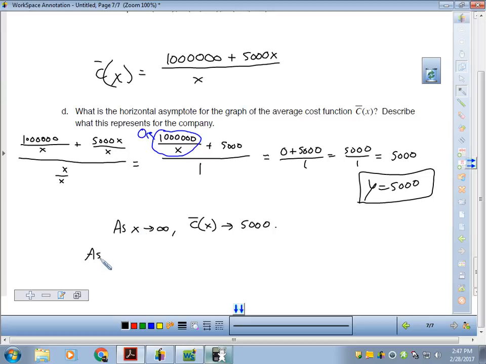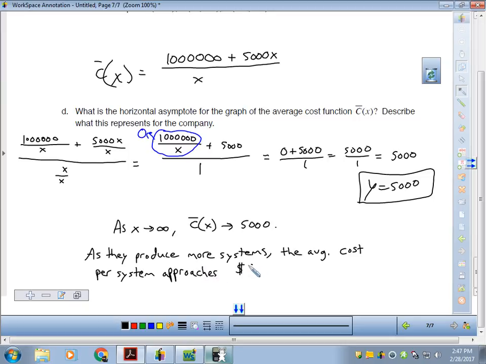So we can say, as they produce more systems, and then this c bar of x is the average cost, we can say the average cost per system approaches $5,000.